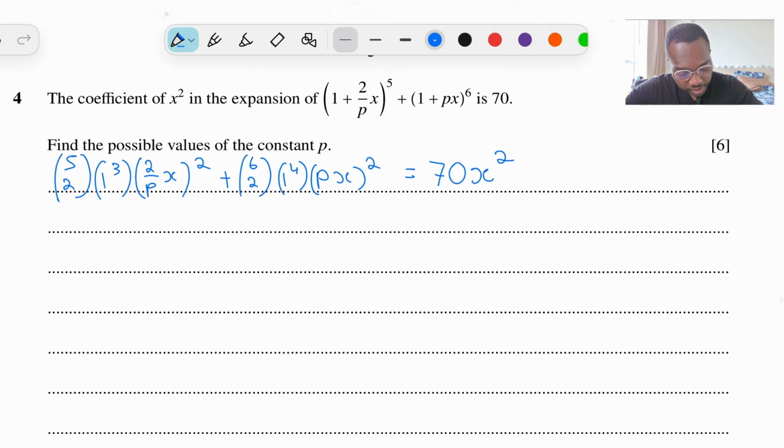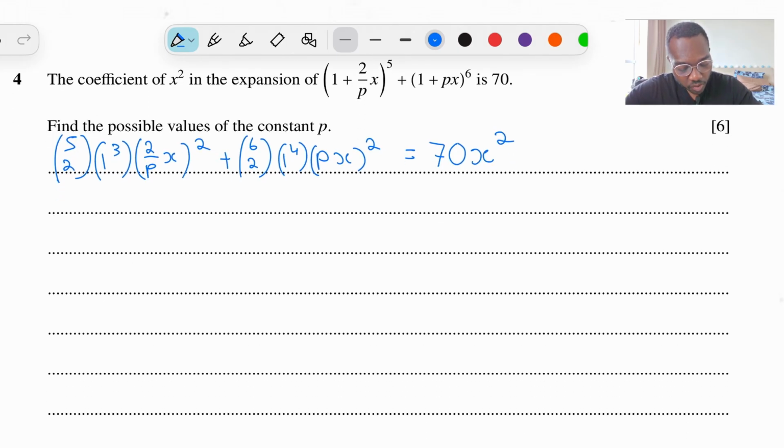Now if you work this out, 5 choose 2 is 10, obviously 1 to the power of 3 is just 1, and then that will be multiplied by, so here you have to be a bit careful, we have 2x, and that's all going to be squared.